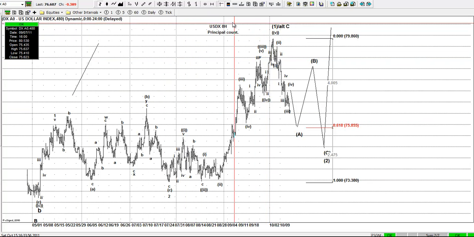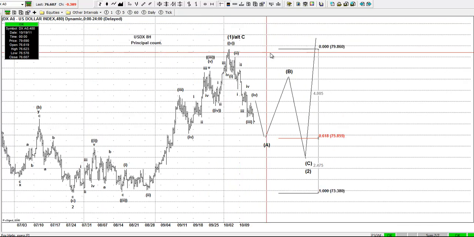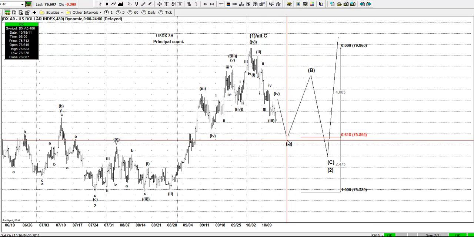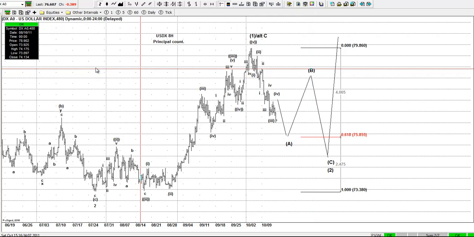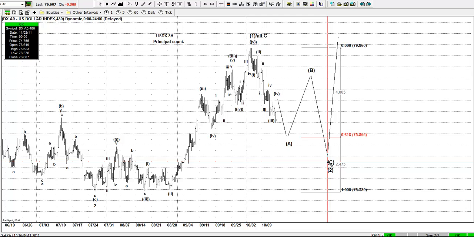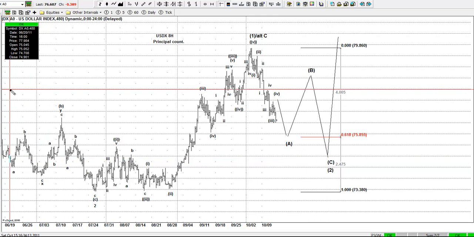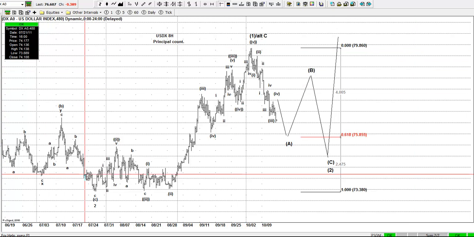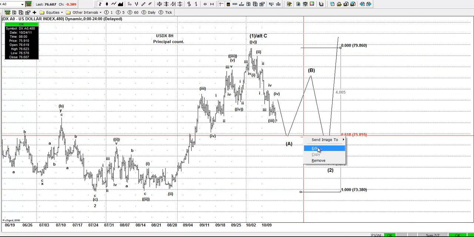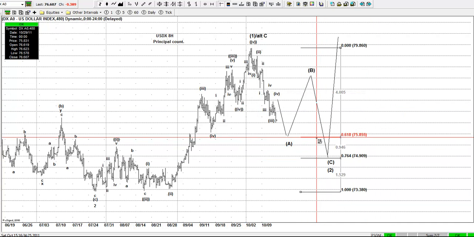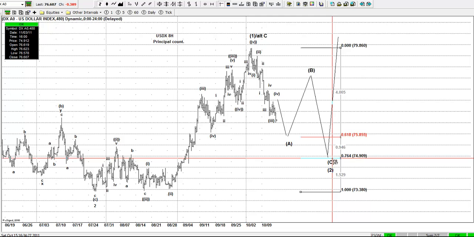This is a 3-wave move to the top. Now you have to trade it smart. Why? Because no matter if you are a dollar bull or short dollar, technically speaking, this should happen. If the dollar is going to break out, it's going to break out higher either from here or from the lower 75 area, where you can see the 76.4 Fibonacci level, in other words, either 75.85 or 74.90.